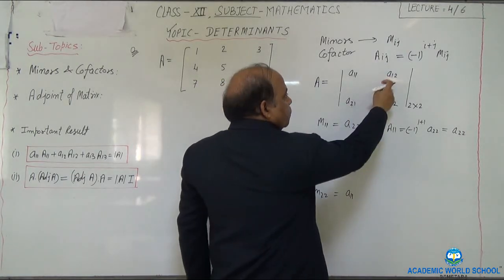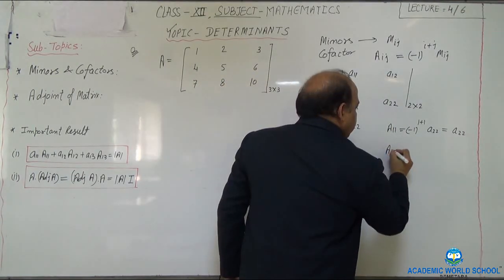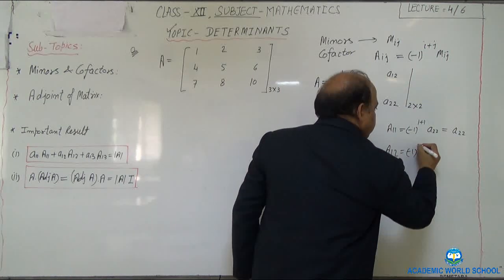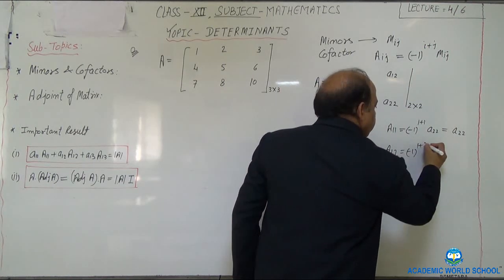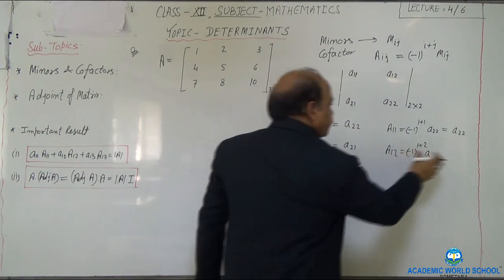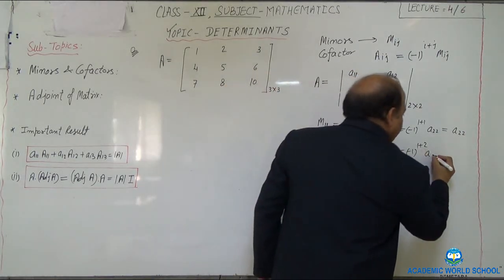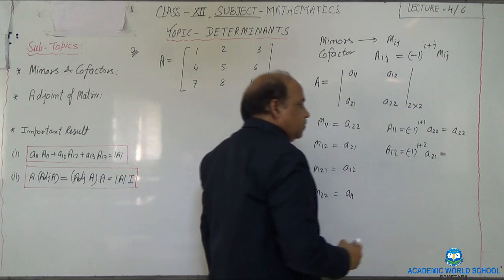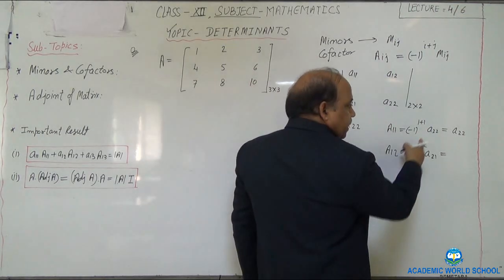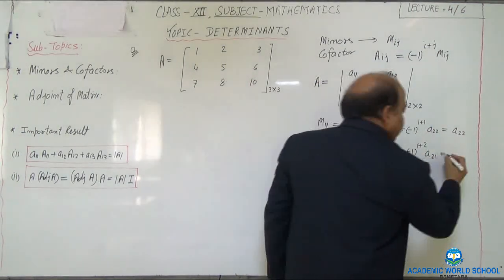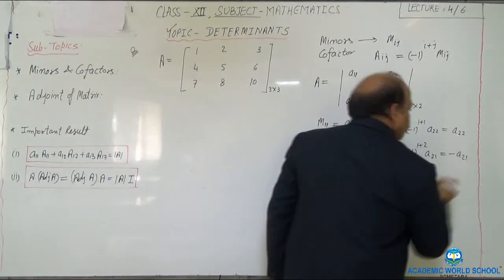What will be cofactor of this? A12 is minus 1 to the power 1 plus 2, and then you will write minor of that. Minor of this is A21, and this is odd power, so it becomes negative, minus A21.